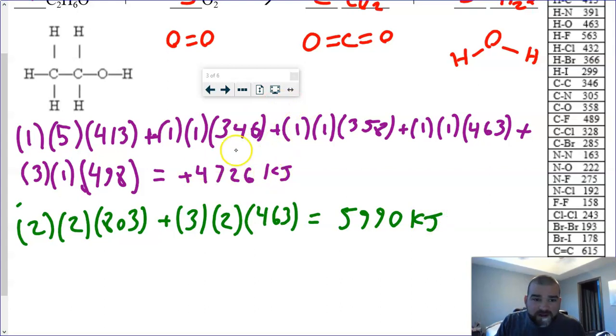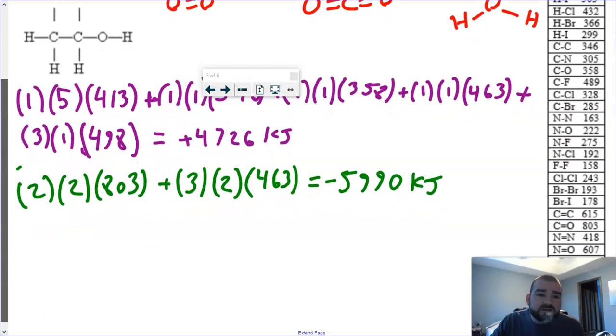On the reactant side, this is energy required, endothermic. On the product side, this is energy released, exothermic. So I'm just going to take that and flip my sign at the very end. There are other ways to do this. There's other ways to account for the products being negative, but I honestly think the best way is just add everything up on both sides, get a total for the left, get a total for the right, keep the left side positive, flip the sign of the right side. It seems to be the most straightforward, the easiest to pull off, and the easiest to do.